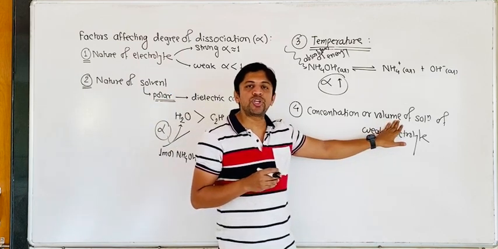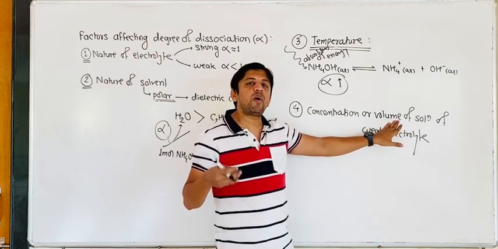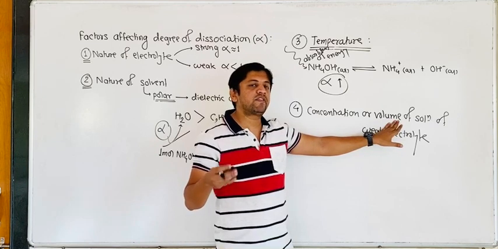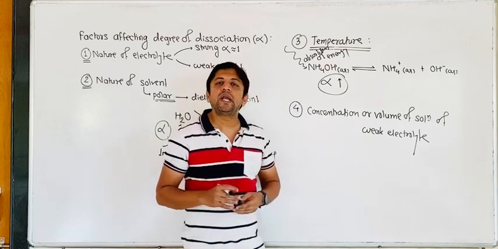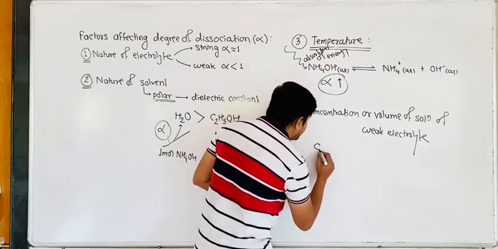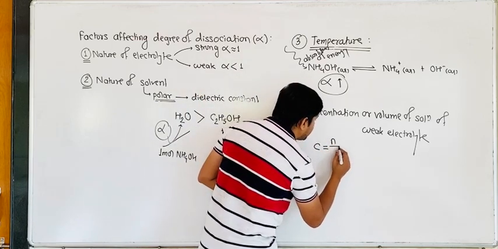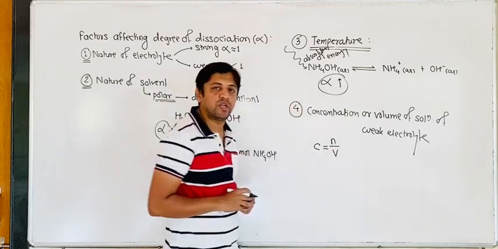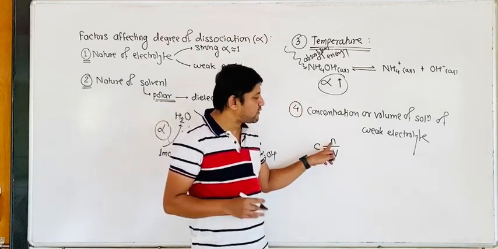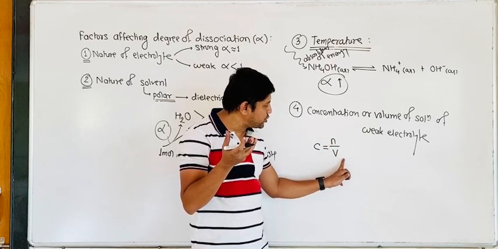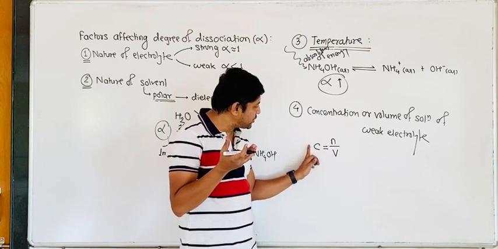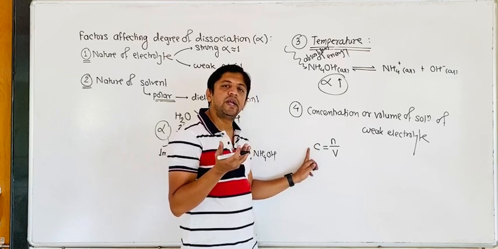Increasing the volume of solution means addition of extra amount of solvent. As extra amount of solvent is added, concentration of electrolyte decreases, because concentration is given by number of moles divided by volume of solution. So when number of moles of electrolyte are kept constant, with increase in volume of solution, concentration of solute goes on decreasing.